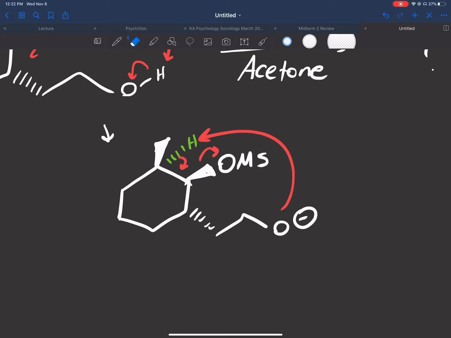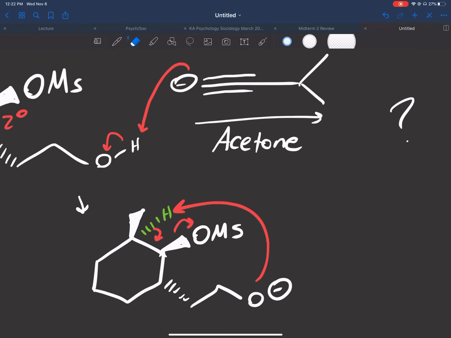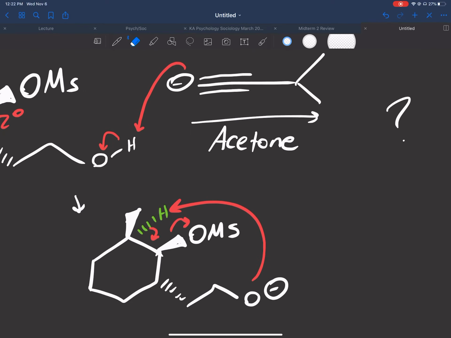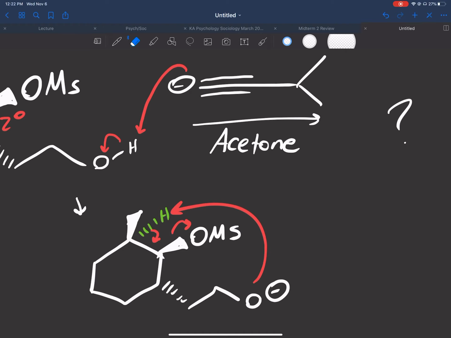But remember, we do have a good leaving group, right? And not only is it going to be too hard to do that, this is a case where looking at the solvent can actually help you, right? We have acetone. We know acetone is a polar aprotic solvent. Polar aprotic solvents favor SN2. So maybe I'm doing an SN2, right? And we have this good leaving group right next to our nucleophile.